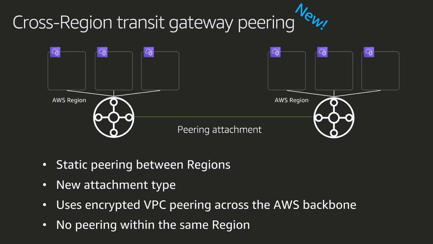Now, this is a new attachment type, and we're also using the same encryption that we use for VPC peering between the regions. But it's basically going to be a mechanism to connect transit gateways together. Now, a quick point here, we don't actually support transit gateway peering within the same region. Now, there might be a reason to do that, but really this feature is geared towards connecting transit gateways from one region to another.